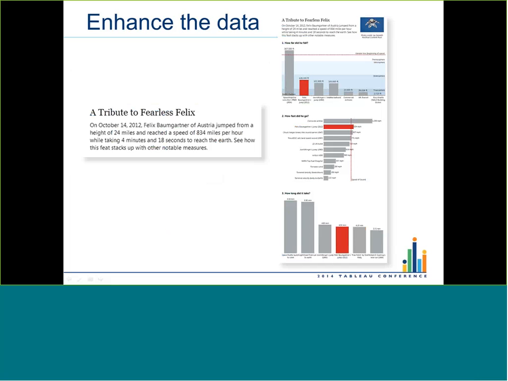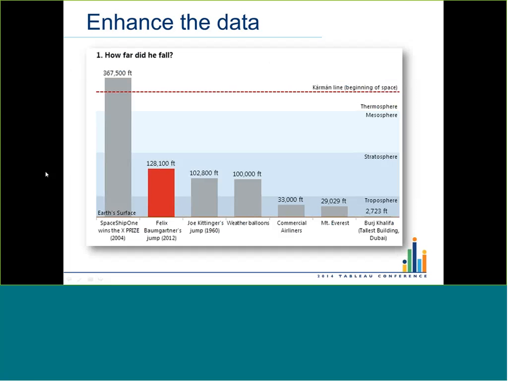Now, let's look at each of these visualizations separately. So the first is, how far did he fall? Taking a look at this, obviously you'll notice that everything is put into context. So the reference lines that he's used, the beginning of space, for example, and the speed of sound. Oh, that's in the next one, sorry. So this is the beginning of space, Mount Everest, right?